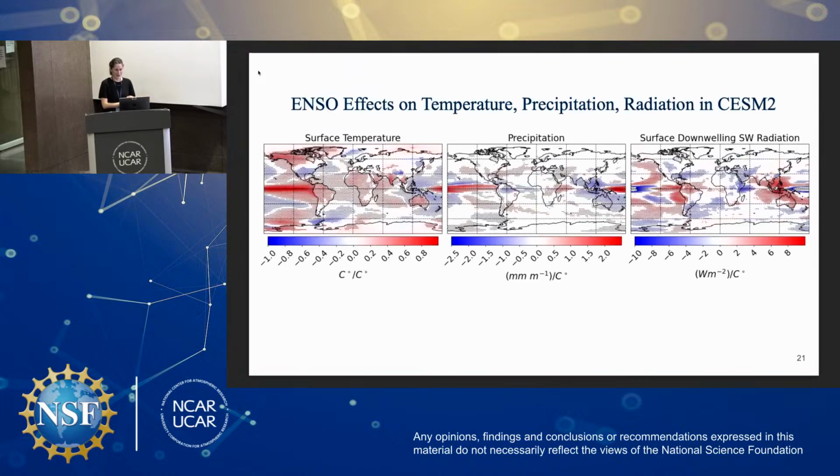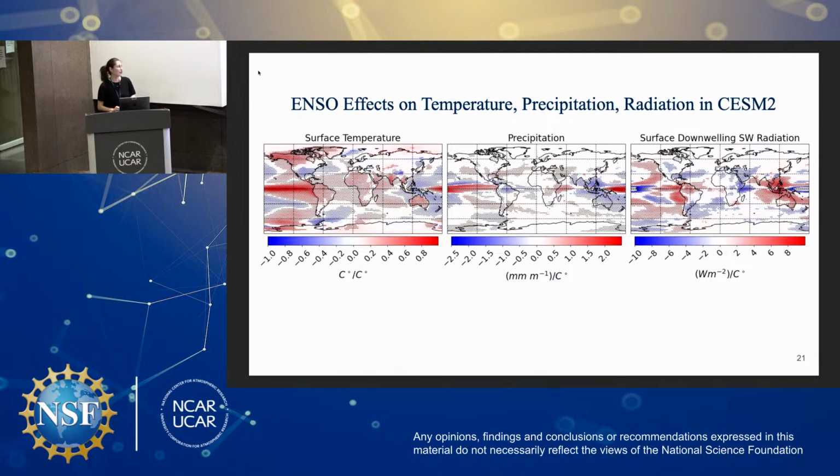So coming back to our ENSO effects on climate, I'm just going to show the CESM2 results because all of the models show pretty consistent implications with these driver variables. So again, we're looking at linear regressions of the Nino 3-4 index with surface temperature, precipitation, and surface downwelling shortwave radiation.